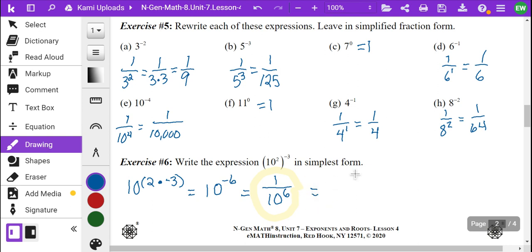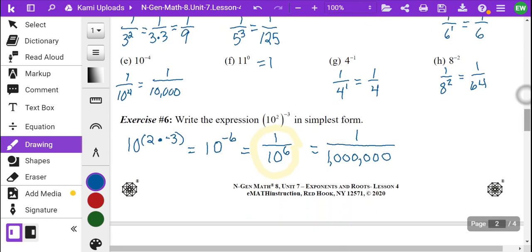But occasionally, you will have to write it out. So you can put 10 to the 6 in your calculator. That's going to stay in the denominator. Quick and easy trick for tens is the exponent it is raised to is how many zeros you're going to have. So that's 1 over 1 million. But again, for the most part, you're going to leave it in exponential form, especially with variables.